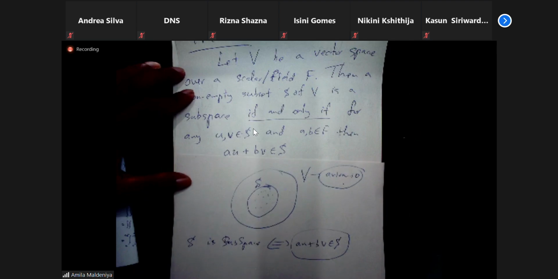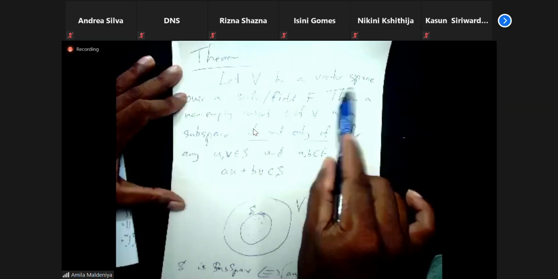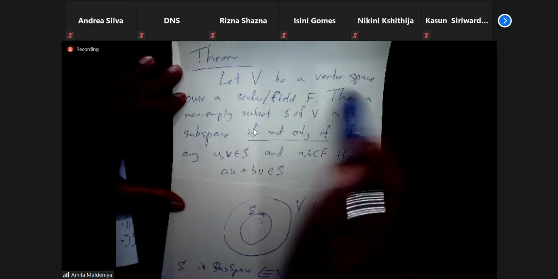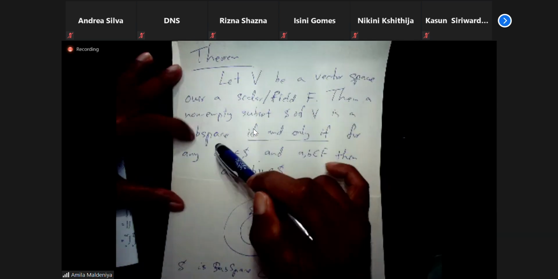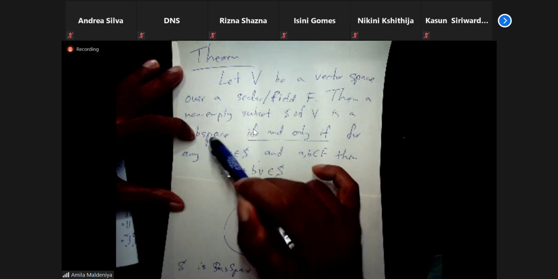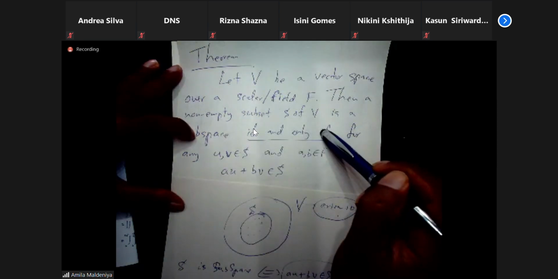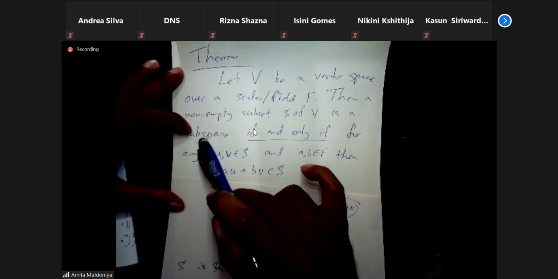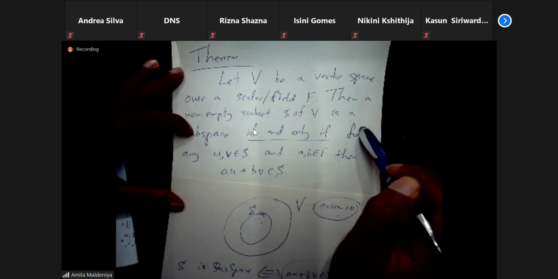Now let's read this theorem a little bit. Let V be a vector space over a scalar field. Then a non-empty subset S is a subspace, that means it has a vector space structure, if and only if... Normally, it has a vector structure if it satisfies 10 axioms, 10 properties.